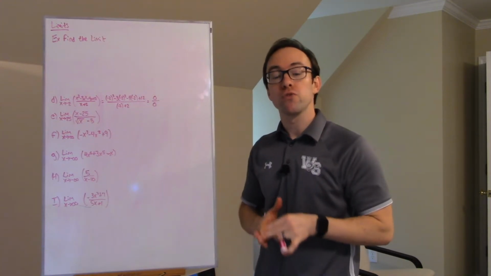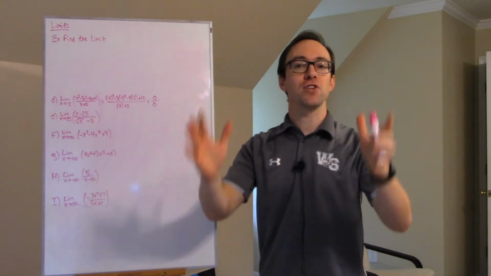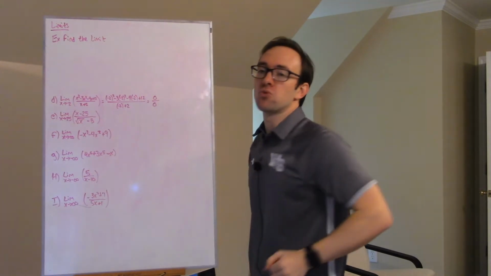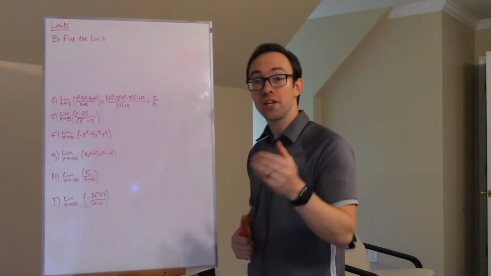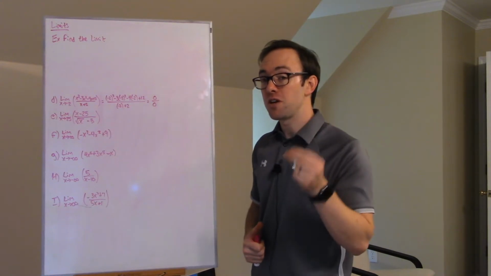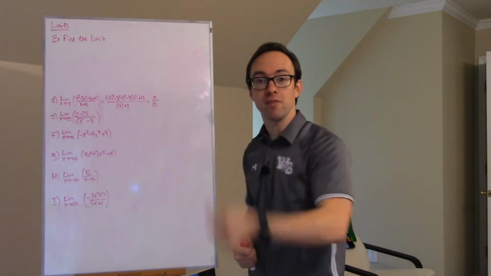When you get 0 over 0, that should send up a red flag that this is what is called an intermediate form. What an intermediate form means is that you can factor out something on the top and the bottom.